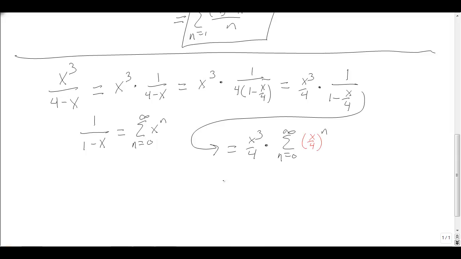And what that's going to give us is x cubed over 4 times the series n equals 0 to infinity, x to the n over 4 to the n. And then I can bring the x cubed over 4 inside of that series. So that's a sum n equals 0 to infinity, x cubed times x to the n over 4 times 4 to the n.